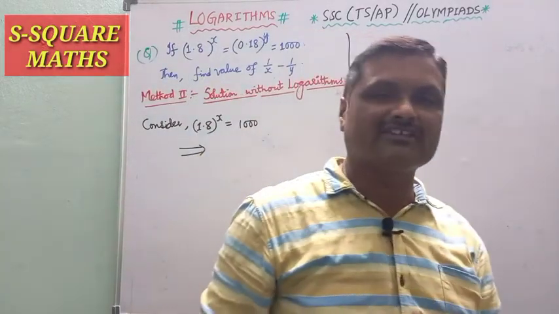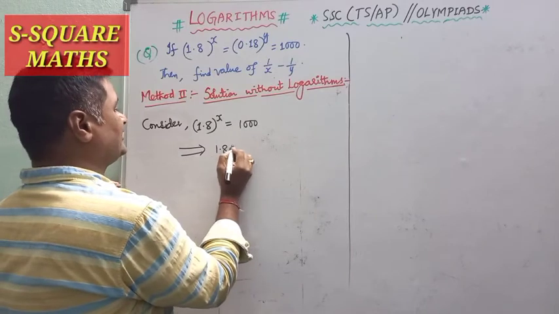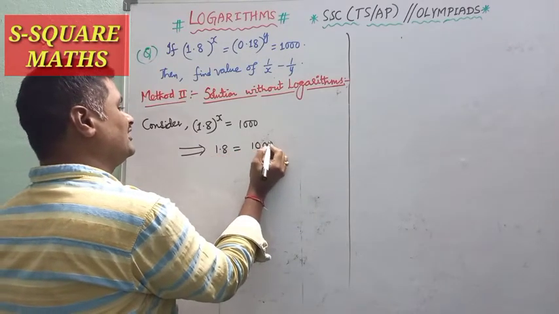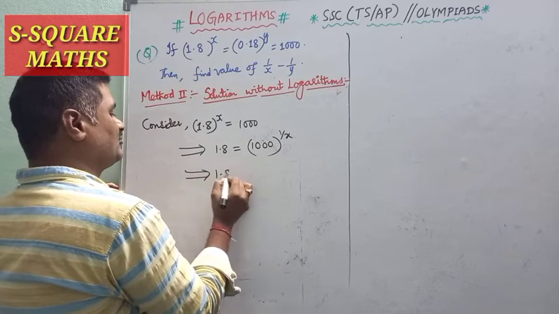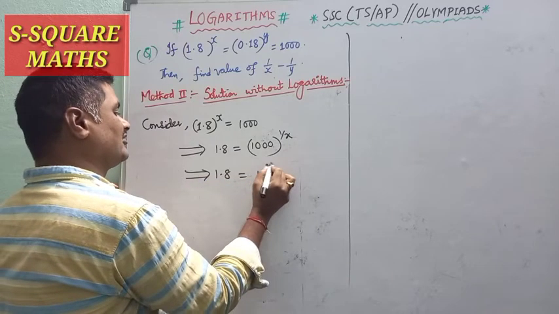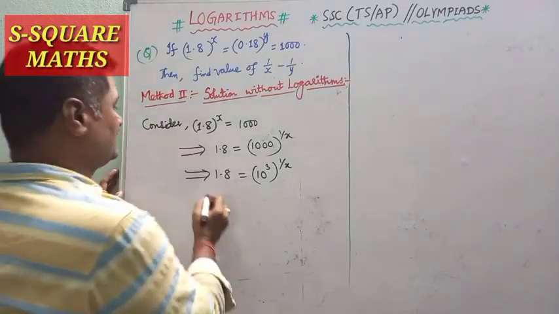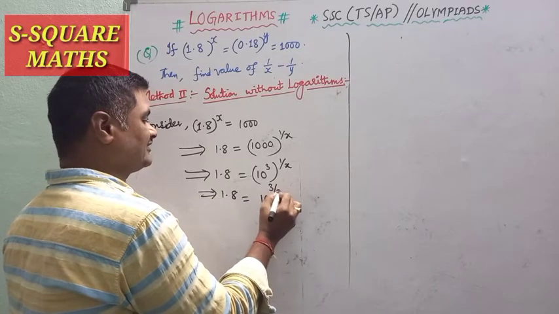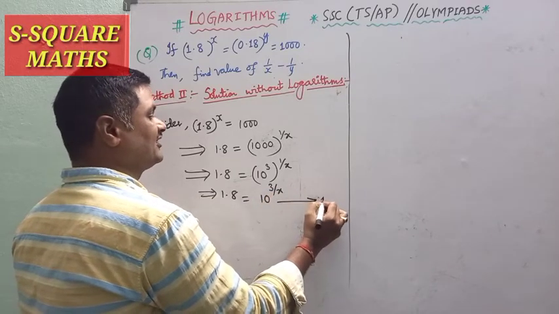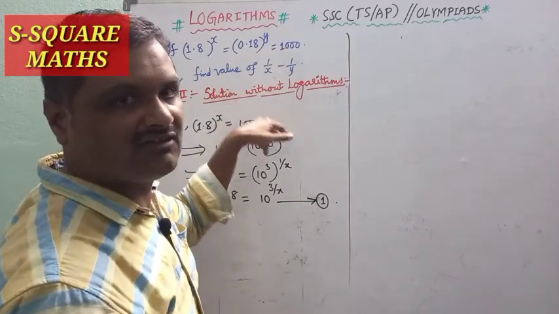So using the application of radicals, I can write 1.8 as 1000 power 1 by x. So this implies 1.8 is nothing but 10 cube whole power 1 by x. So this implies 1.8 is nothing but 10 power 3 by x. Equation number 1. So this I have written by using the given quantity.